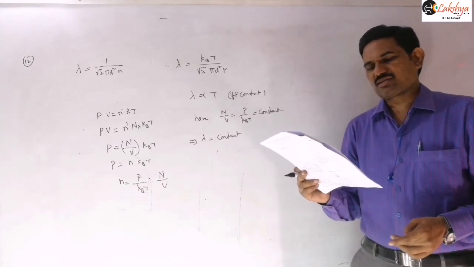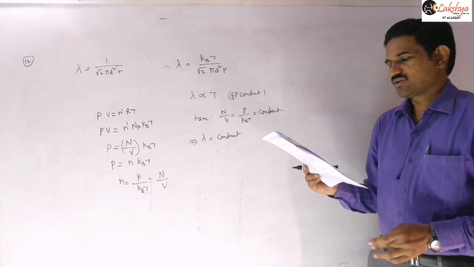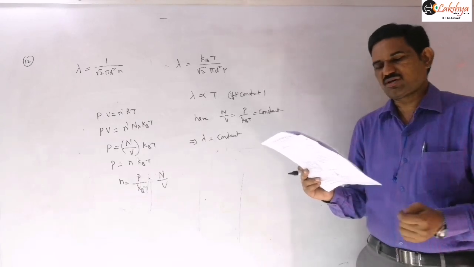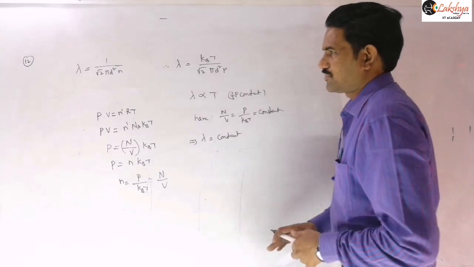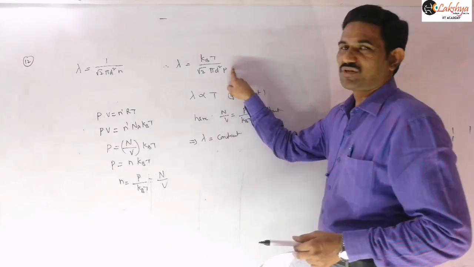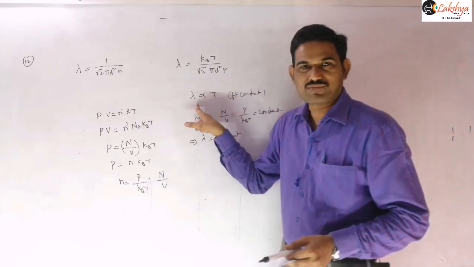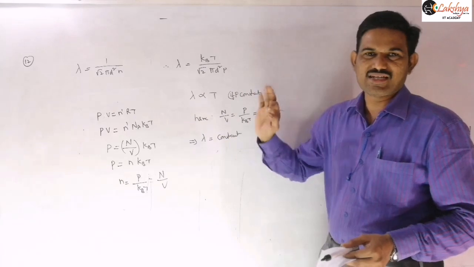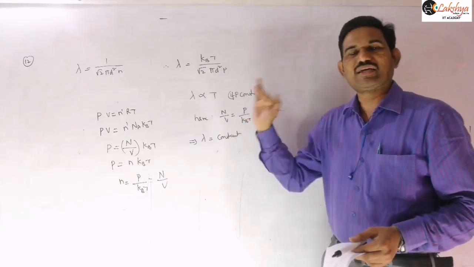And the next they are asking about the average collision time, the mean collision time. Is it clear? This is our expression in terms of temperature. So this is a misconception: directly lambda is proportional to T, generally we will say, and based on that you may select the option that it increases.